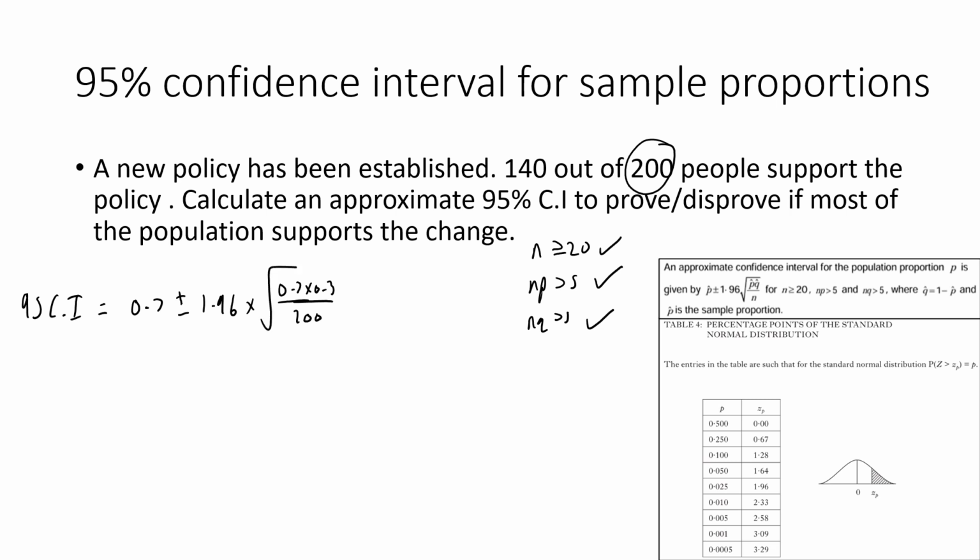And the limits we get for that is 0.76 as our top value, 0.64 as our lower value. Since 0.64 is greater than 0.5, the majority of the population does support the change and the new policy.